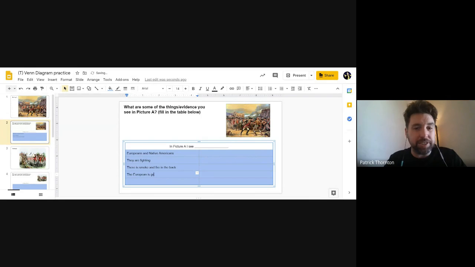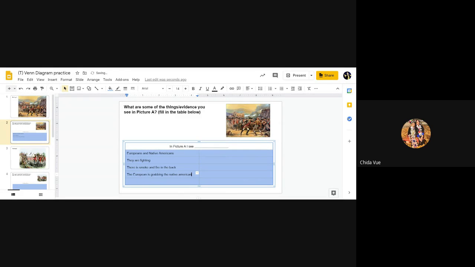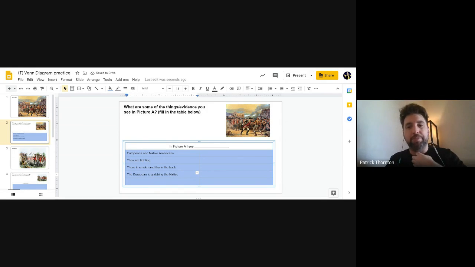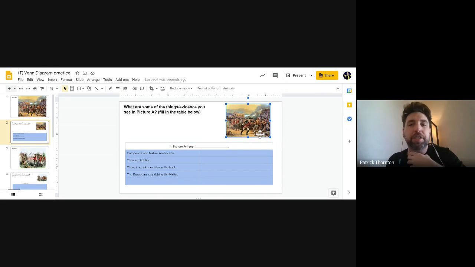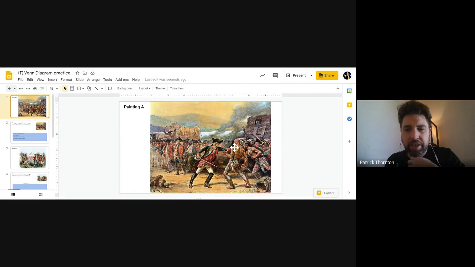So the European is what? He's grabbing the Native American, right? Maybe. It looks like he's grabbing him by the neck or something, right? Because he's got his hand up here, right? So it looks like he's grabbing him.